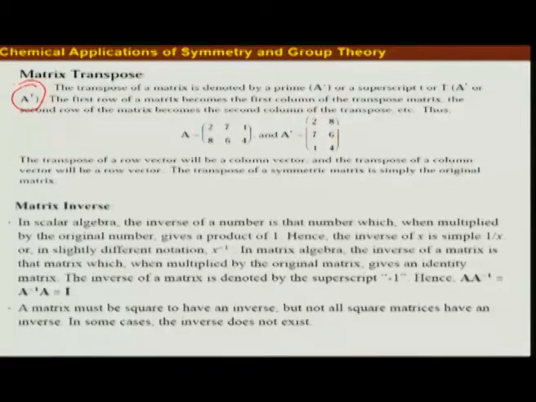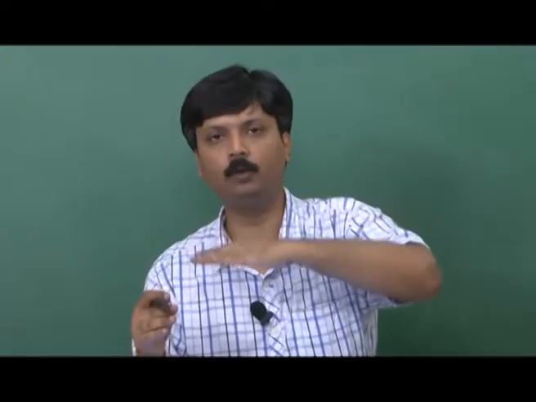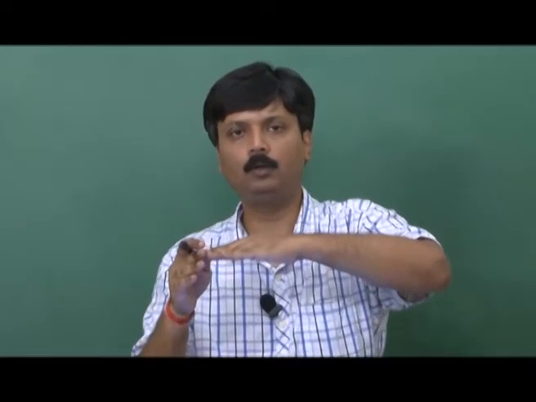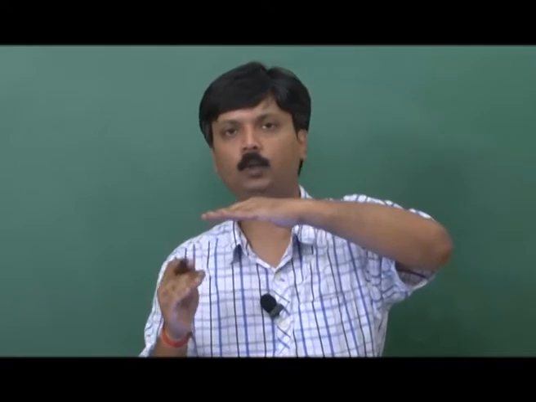Now what is the transpose? The first row of the matrix becomes the first column of the transpose matrix. So say I had a matrix having 3 rows and 3 columns, or say 3 rows and 2 columns.